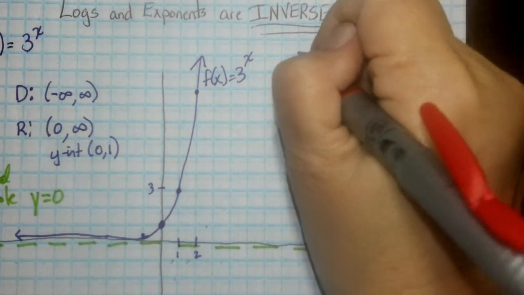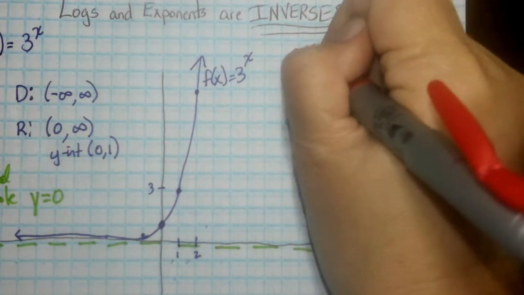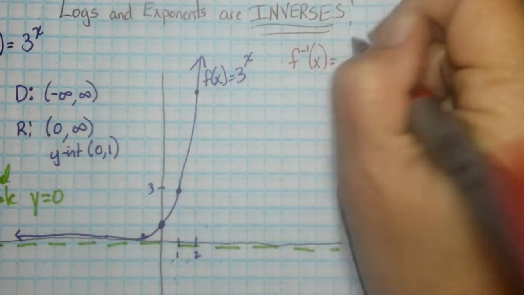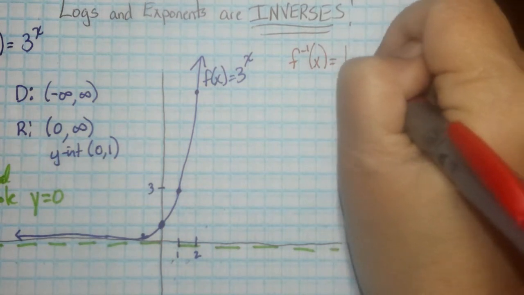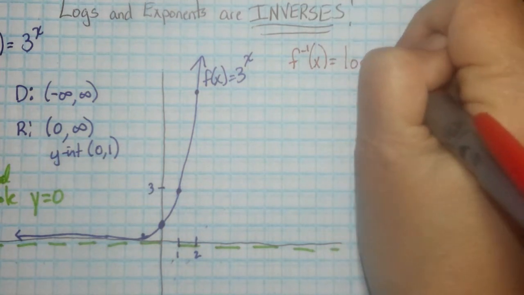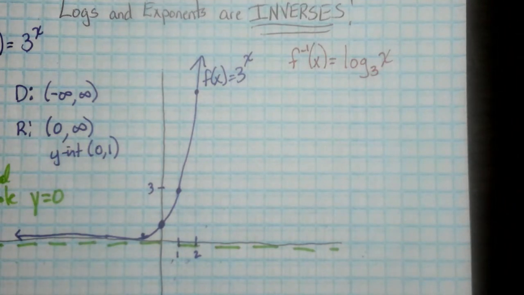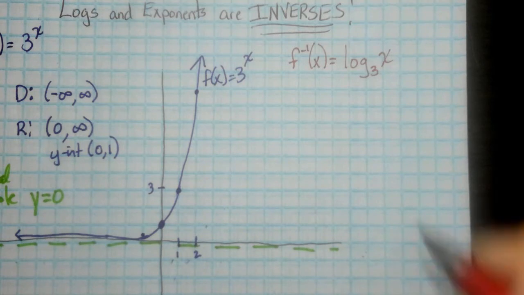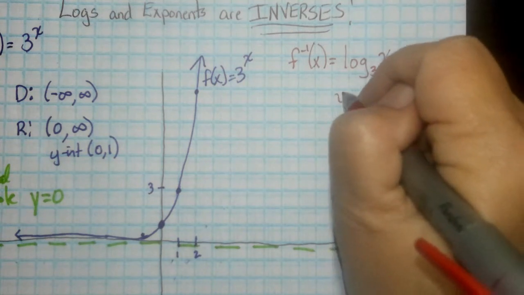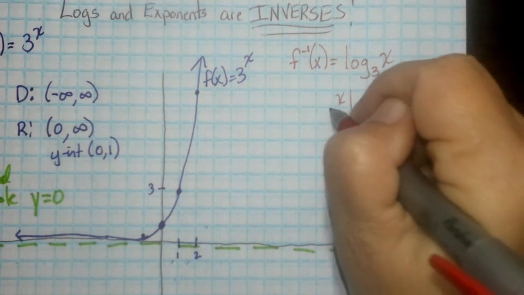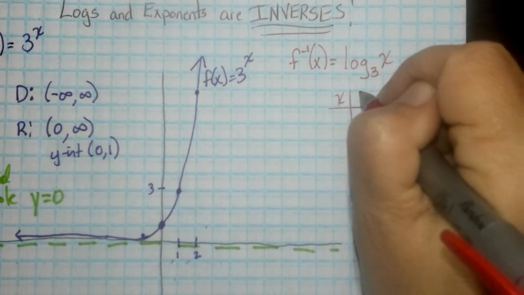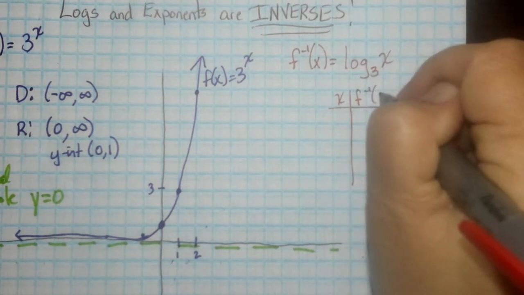So my inverse function, f inverse of x, is log base 3 of x. And so I'm going to have x, and then I'm going to have f inverse of x.